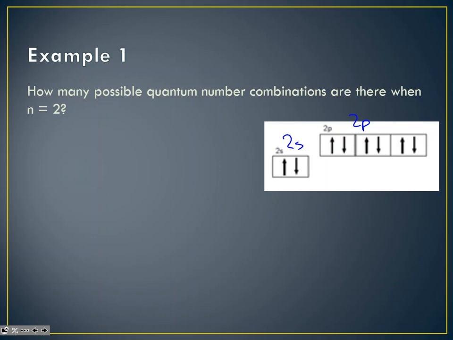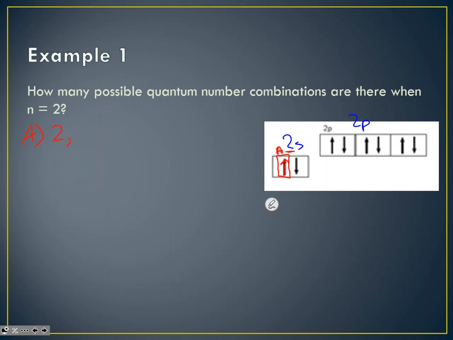So let's start with the first one here. We're going to call this one A. The first electron to fill is an up arrow. So for A, what's the principal energy level for that electron? Yes, it's a 2, right? Principal energy level 2. Good.